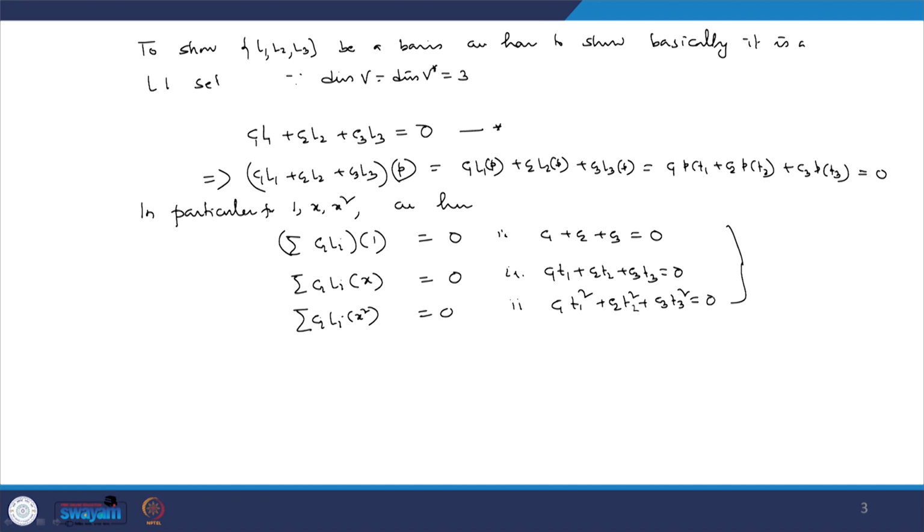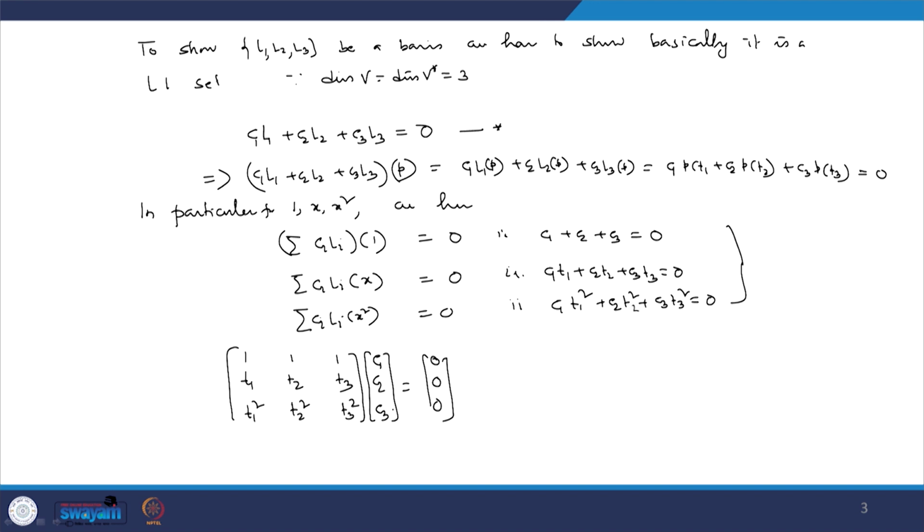Suppose this is the system. This implies the matrix with rows 1 1 1, t1 t2 t3, t1 square t2 square t3 square, multiplied by c1 c2 c3, equals 0 0 0.